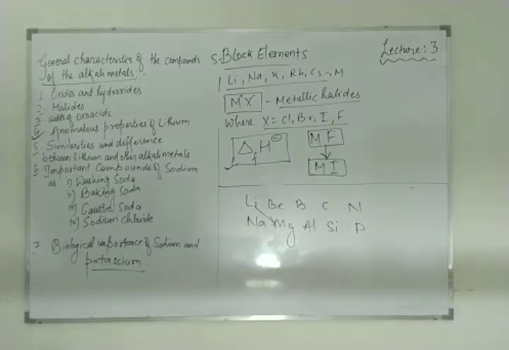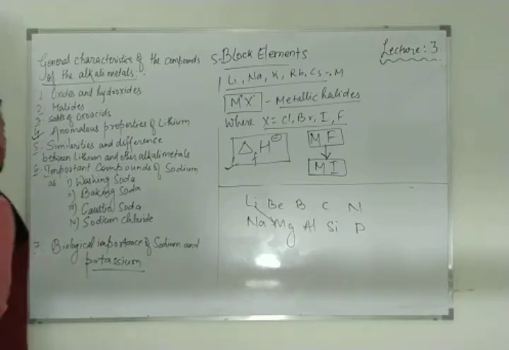Second is high polarizing power, that is the charge to radius ratio, and as a result there is an increase in the covalent character of lithium compounds, which is responsible for their solubility in organic solvents. Further, lithium shows a diagonal relationship with magnesium, which has been discussed already in lecture number 1.